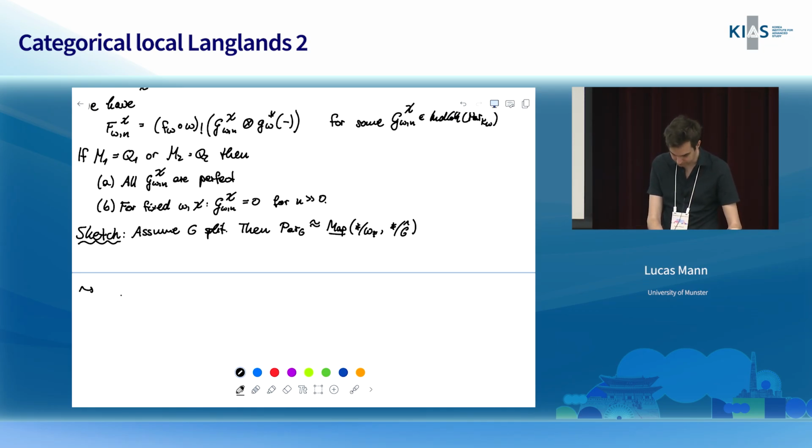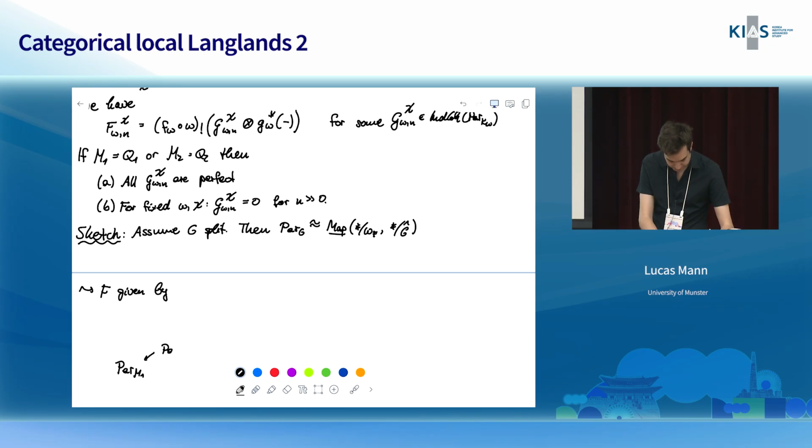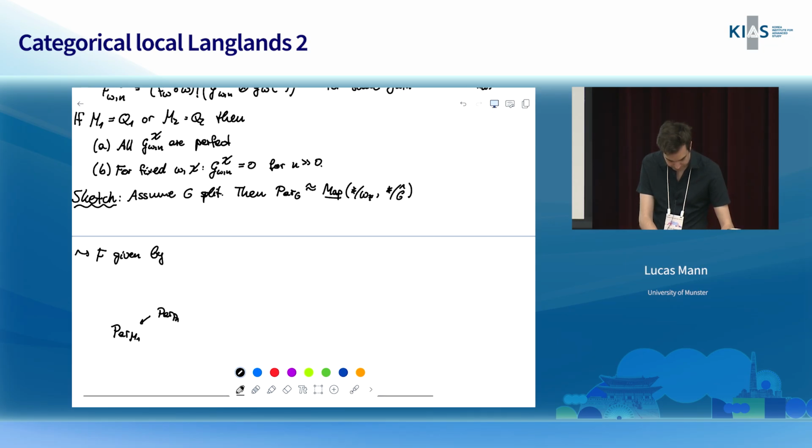So now F is given by this fiber product: Par M1 goes to Par P1 goes to Par G goes to Par P2 goes to Par M2.